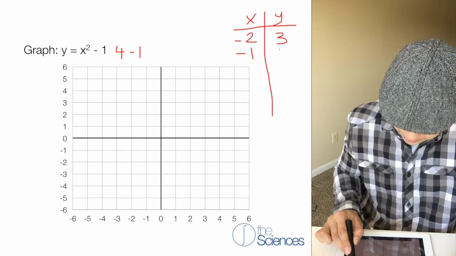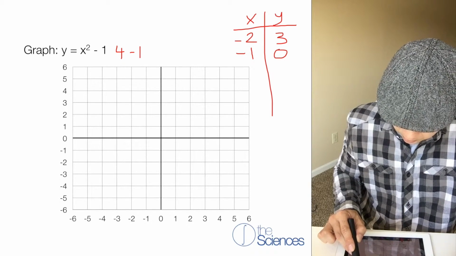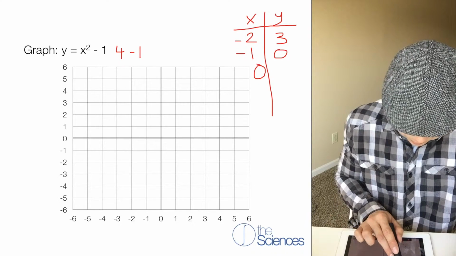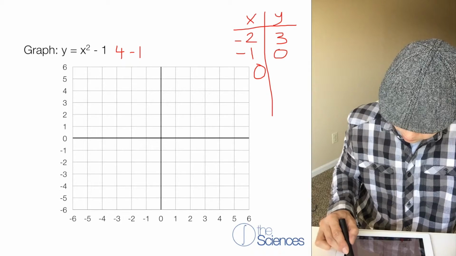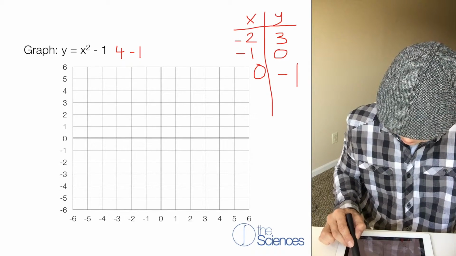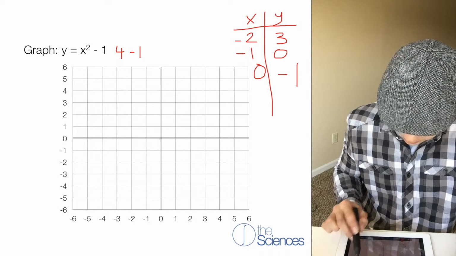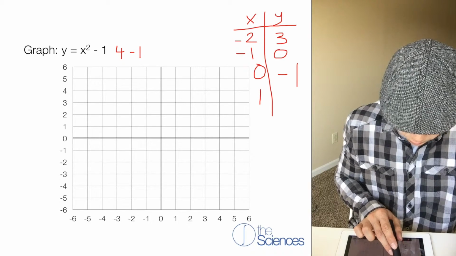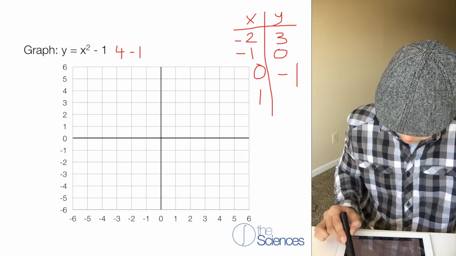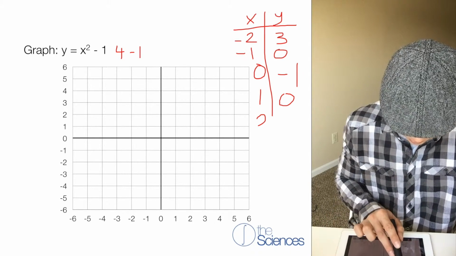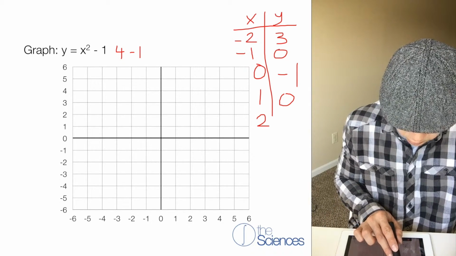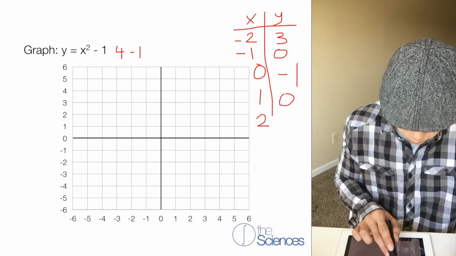Minus 1, we get 0. And then what if x is 0? 0 squared is 0, minus 1. So y is negative 1. Now, if x is 1, 1 squared is 1, minus 1 is 0. And then what if x was 2? If x was 2, 2 squared is 4, minus 1 is 3.